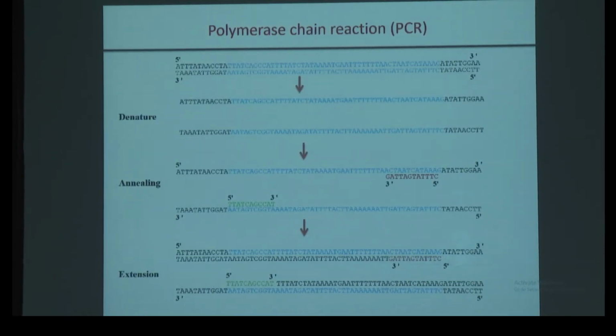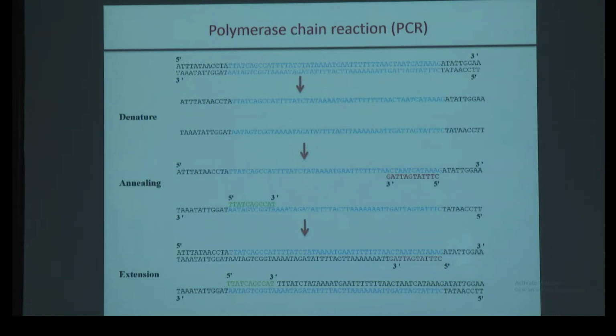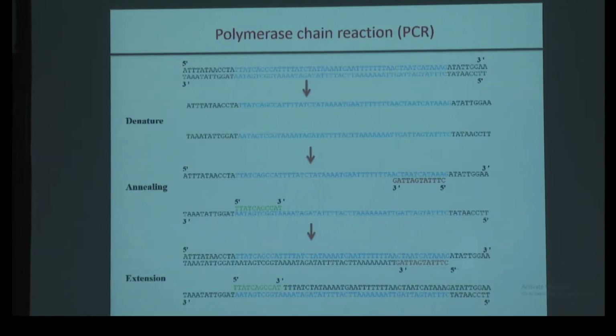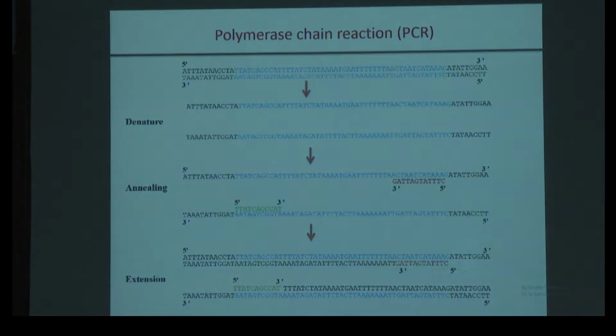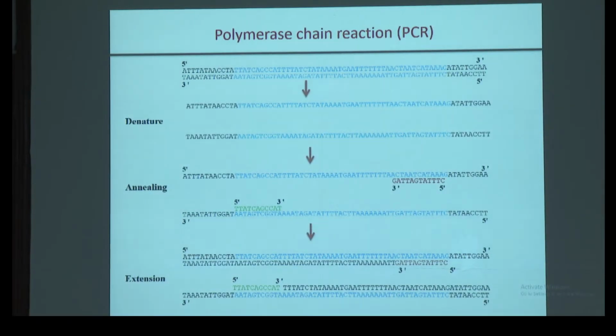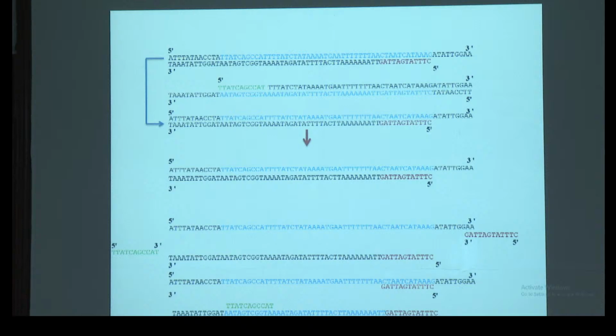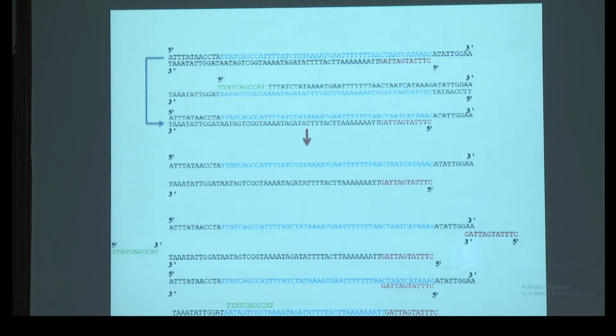Then how are we getting specific bands in PCR? Can anyone tell? This is happening, right? So what will happen in the next step? Let's take an example. What will happen in the next step? Again, I am taking the earlier example. Again we will denature it.